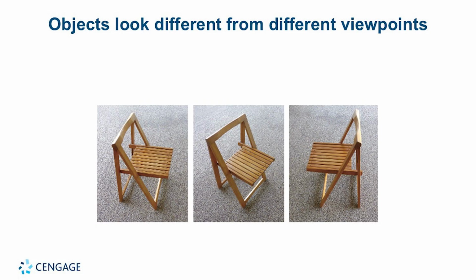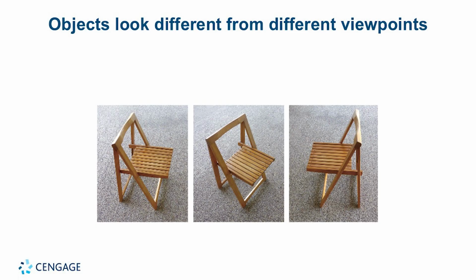Another example of a potentially ambiguous situation that the brain often needs to resolve, based on the information that's coming in from the visual system, is when it's trying to consider that the same object could appear differently depending on the direction that you're viewing it from. So, for example, here we can see images of the same chair but taken from different viewpoints. And so if your eye receives this information, obviously the chair, when viewed from these directions, would cause a very different pattern of activation on the retina.